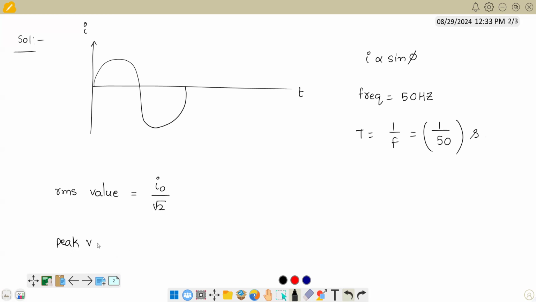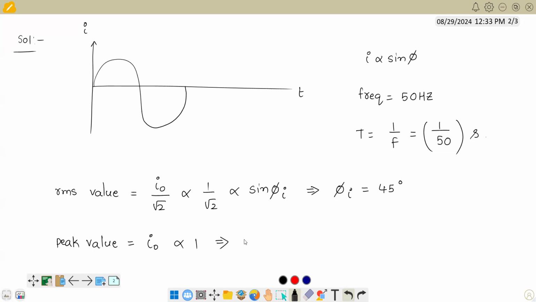Peak value is simply I naught. We can write this as I naught by root 2 is proportional to 1 by root 2, and I naught is proportional to 1. We know current is proportional to sin phi. So if I do that, the initial phase of this would become 45 degree. Why? Because sin 45 degree would give me 1 by root 2.